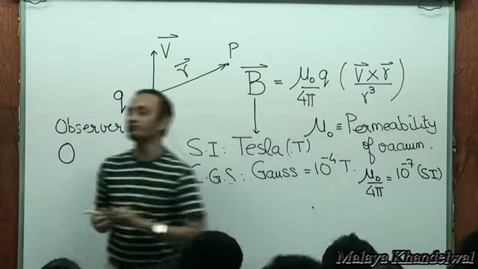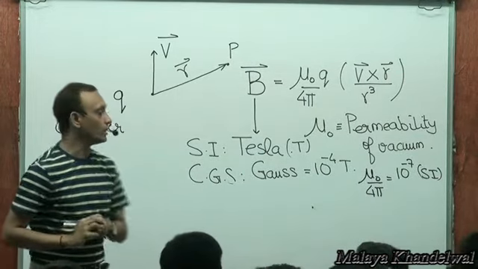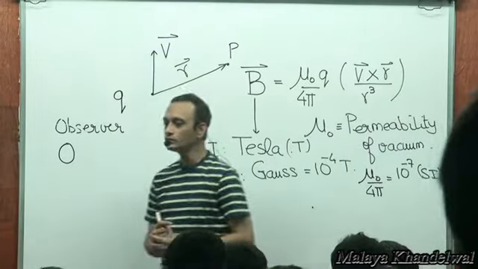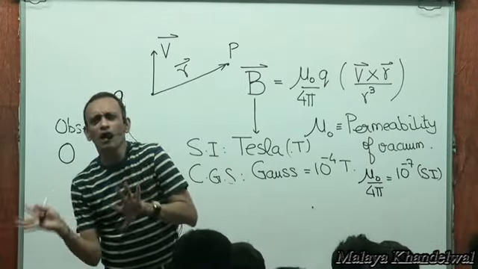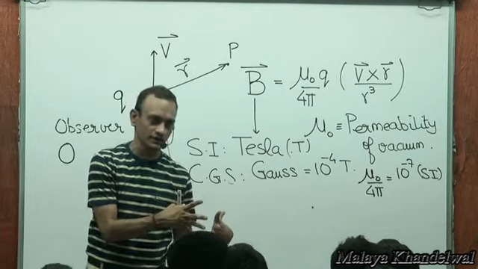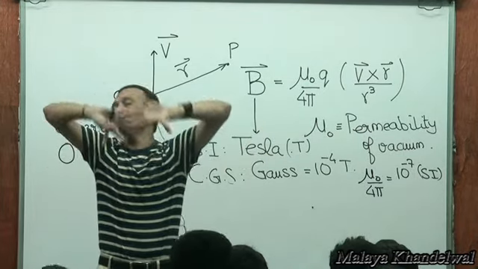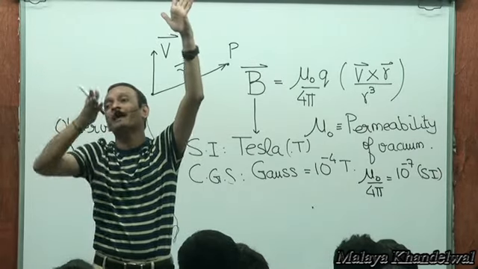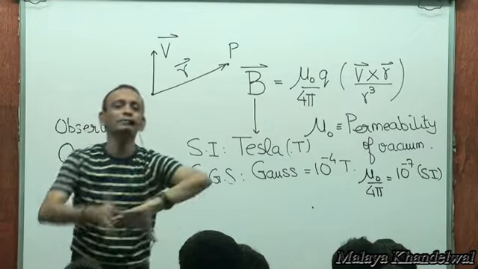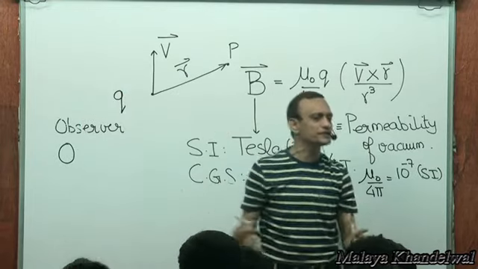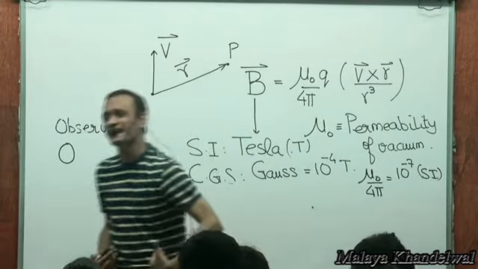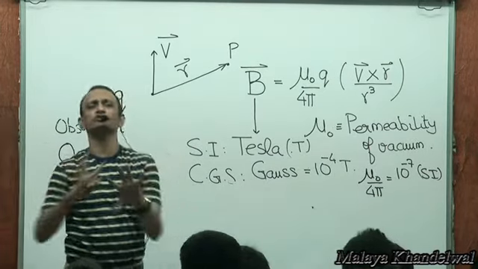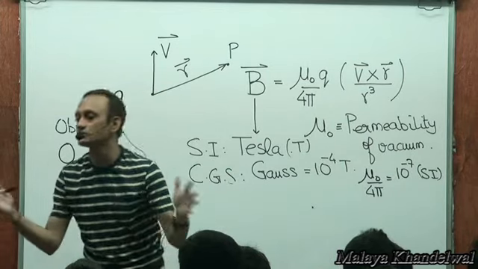This 4 pi is artificially put into this whole mathematics so that down the line you will realize that there is a 4 pi that will appear in the numerator, will cancel off this 4 pi, and it becomes an algebraically simpler entity to deal with. This 4 pi only has algebraic implication. It has no physical implication per se. It's just to make the algebra look a little neater and less messy.